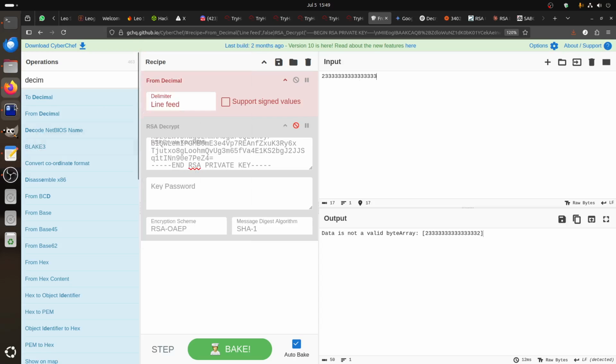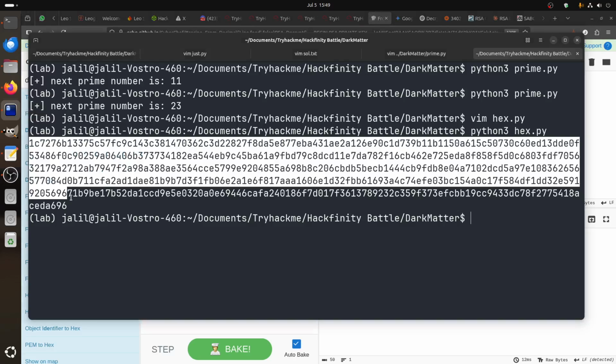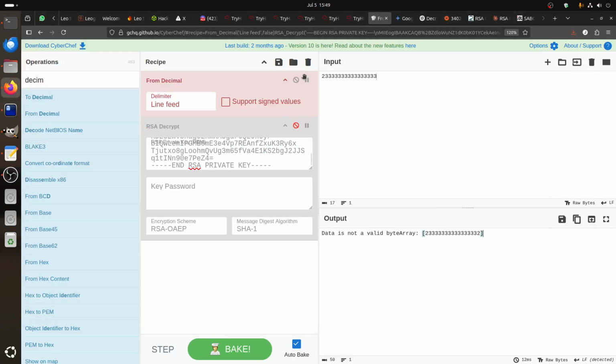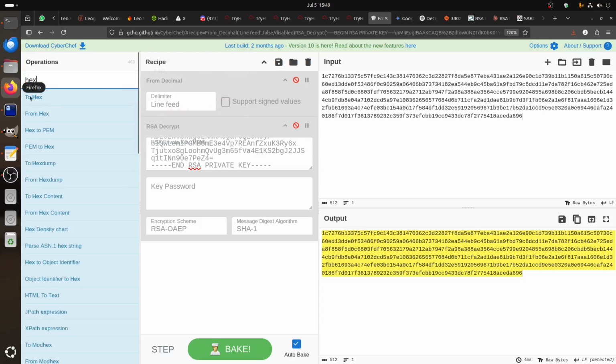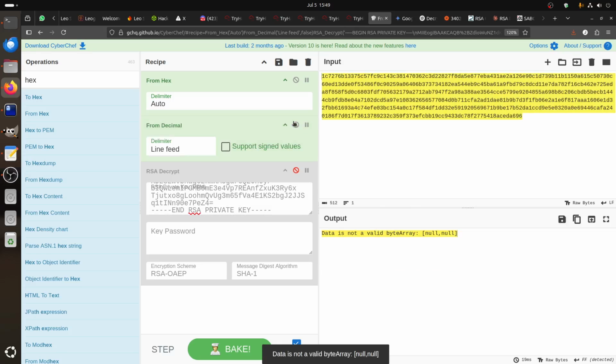Okay, so if I convert it to hex from there, we can experiment. Sometimes it's good to experiment. So let's kill this. Now we have that, so I can do From Hex. Because now I converted the encryption from decimal to hex, now I can do this.